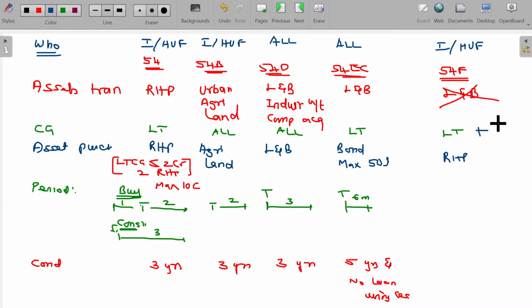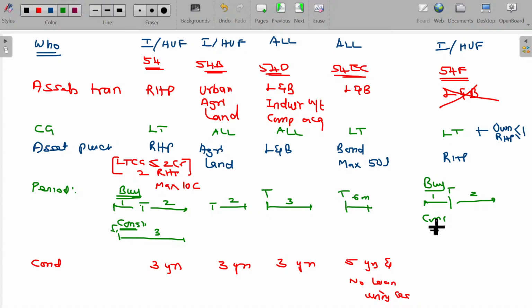Apart from that, what is another condition? You can own residential house property less than or equal to 1. Either you can have 1 or you have none. Then also you can enjoy. And the period of investment is ditto like this one. In case of buy, 1 year earlier from the date of transfer, 2 years later.